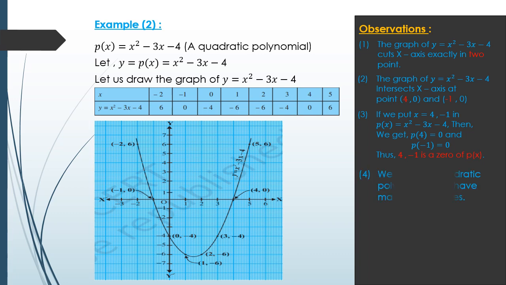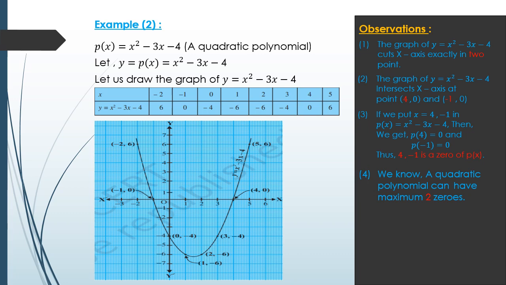Okay, next note is again quite similar. We know that a quadratic polynomial can have at most two zeros. A quadratic polynomial can have a maximum of two zeros. That's why it is intersecting the x-axis in 2 points. So once again we are going to write the fifth point, whatever we have studied for the linear polynomial.